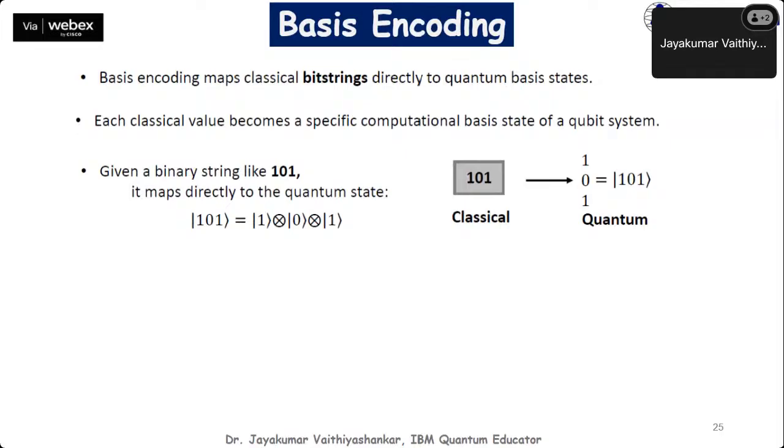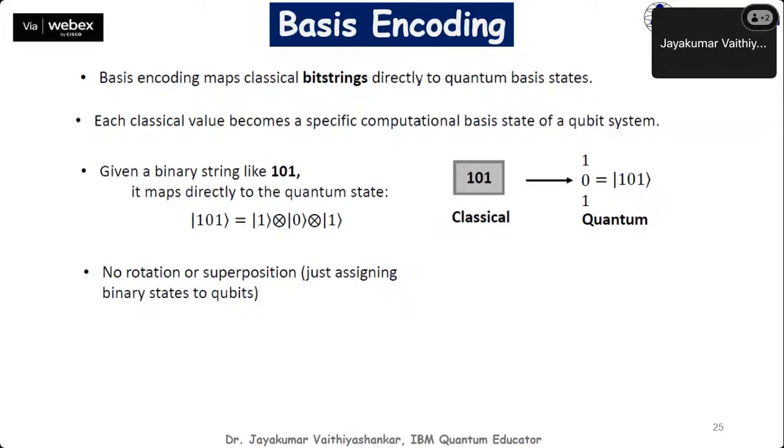You can view this operation like a tensor product. Whenever you have more than one qubit, each time it will do a tensor product. This is the physical view, and this is the mathematical view. No rotation, no superposition is needed for this operation, just assigning binary states to qubits.